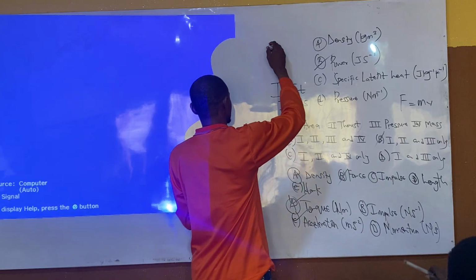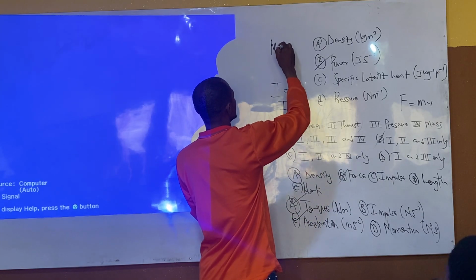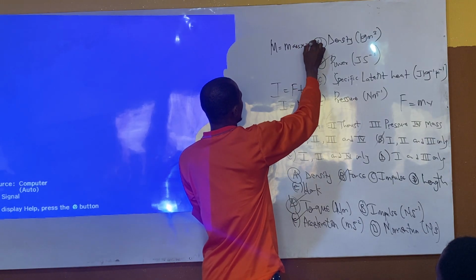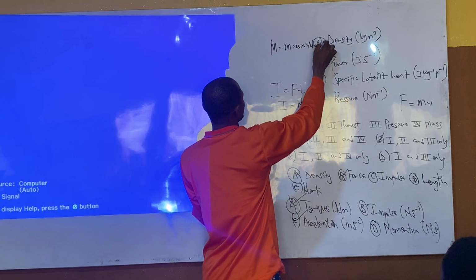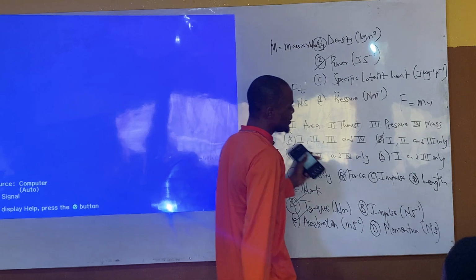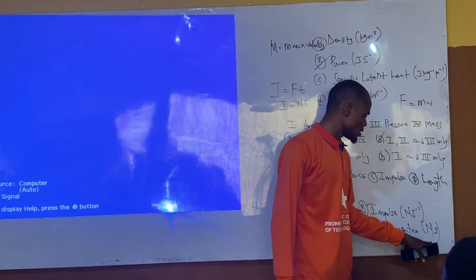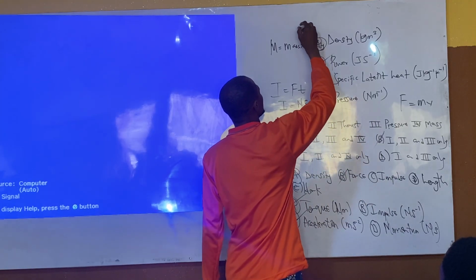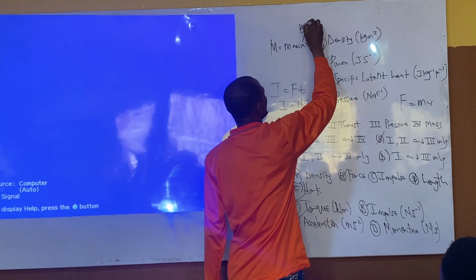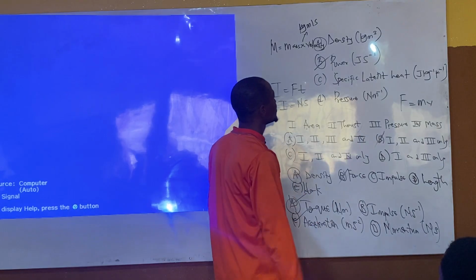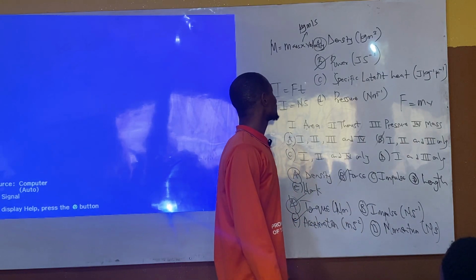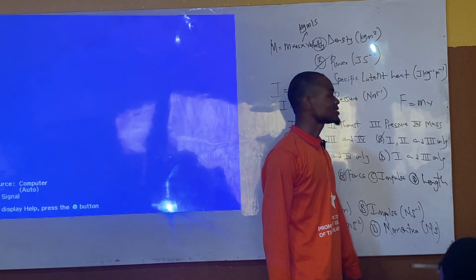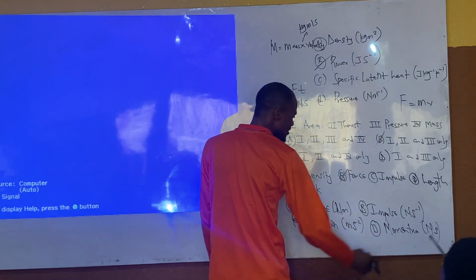Momentum is mass times velocity. And the unit is kilogram meter per seconds. But in our option, we saw Newton seconds.